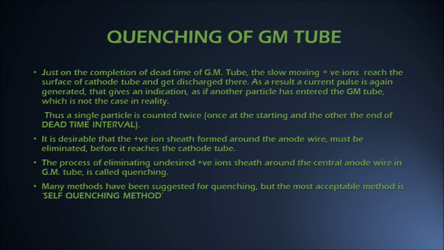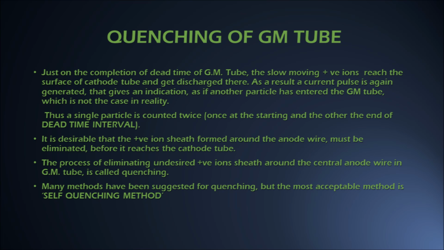Hence, it is desirable that this positive ion sheath formed must be eliminated before it reaches the cathode tube. This process of eliminating undesired positive ion sheath formed around the central anode wire is called quenching of GM tube.